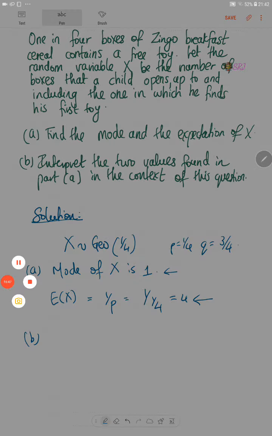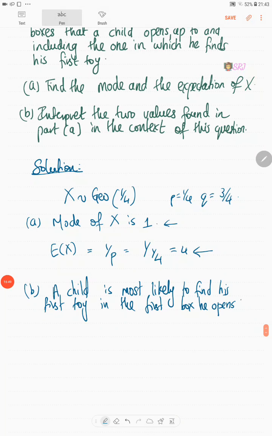And then by the expectation being 4, this means that on average, the child will find his first toy in the 4th box that he opens.